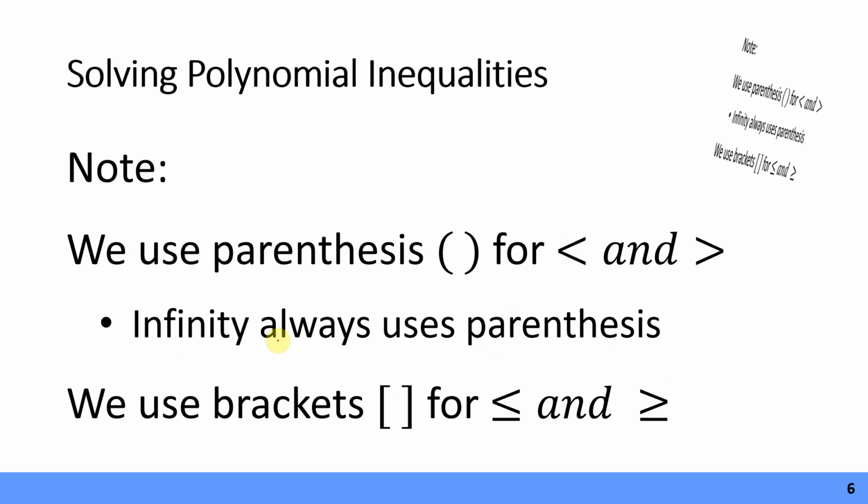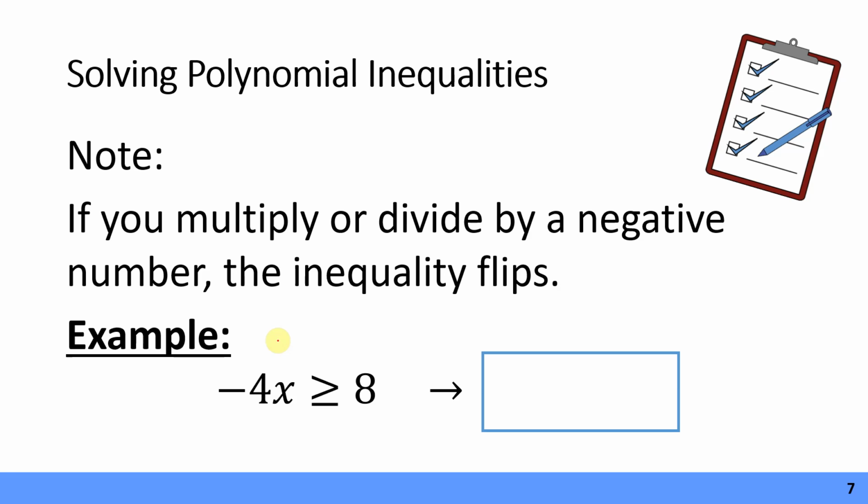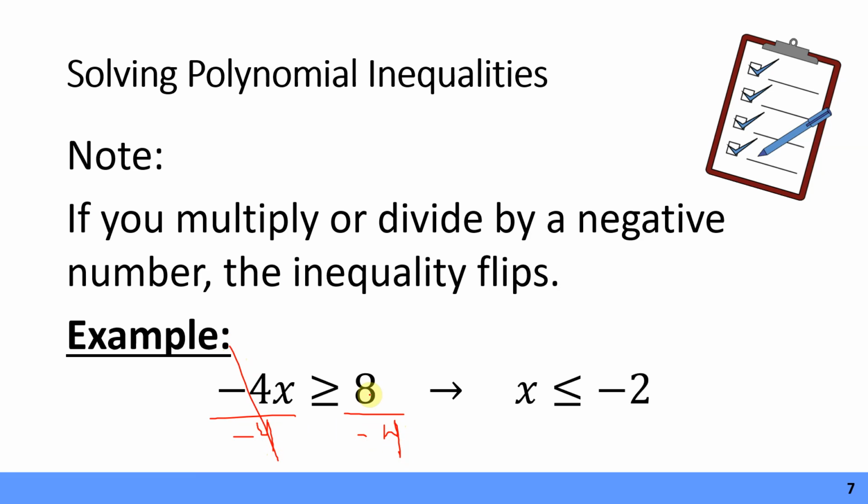All right. And then one more note here, if you have forgotten already, every time we multiply or divide by a negative number, remember that the inequality flips. This is very important. So for example, if I want to solve this inequality here, I have to divide both sides by -4. So obviously on the left side, the -4's cancel, leaving me with just x.